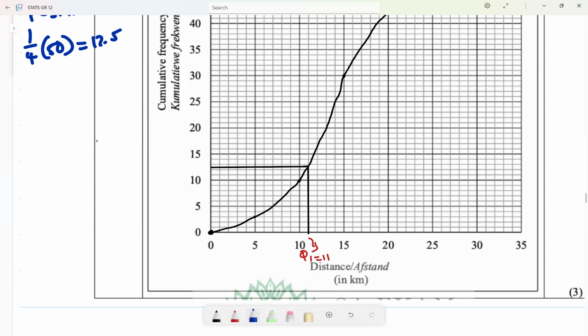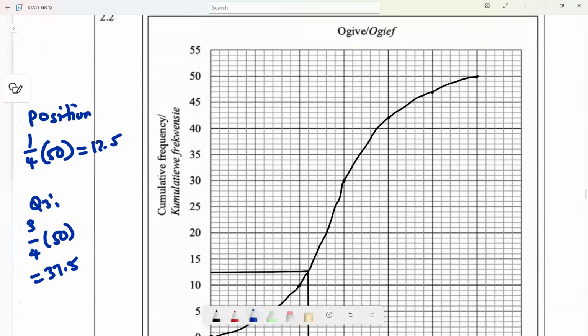The quartile 3 position is going to be 3 over 4 multiplied by 50, which is basically 37.5. So the position is 37.5. I need to locate 37.5. So if this is 36, 37, then 37.5 is somewhere here in the middle.